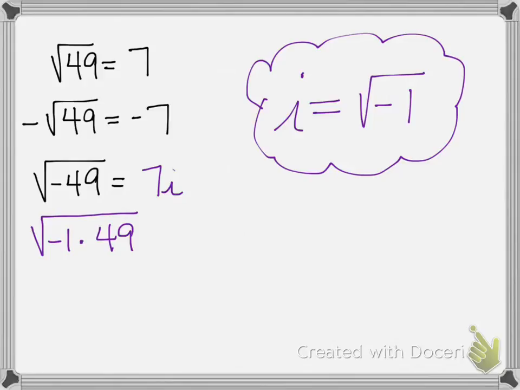Now, your calculator will do imaginary numbers if you have it in the right setting. And this is graphing calculators. Scientific calculators won't do this, but if you have a graphing calculator, it will. Click mode, up towards the top of your screen, next to the second button.